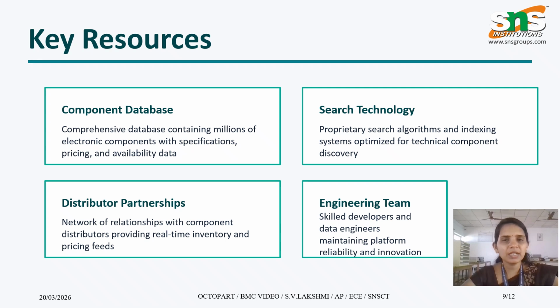Then the distribution partnerships with manufacturers, the network of relationships with component distributors, which provides real-time inventory and pricing feeds. And then comes the engineering team, the skilled developers and data engineers who maintain this platform.